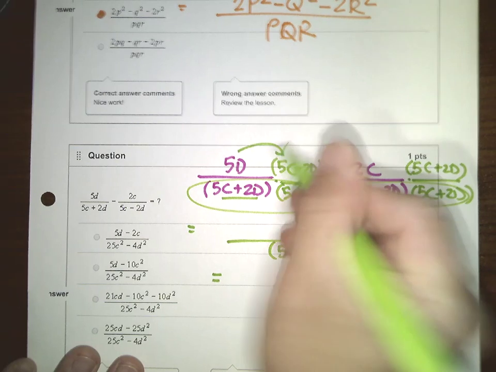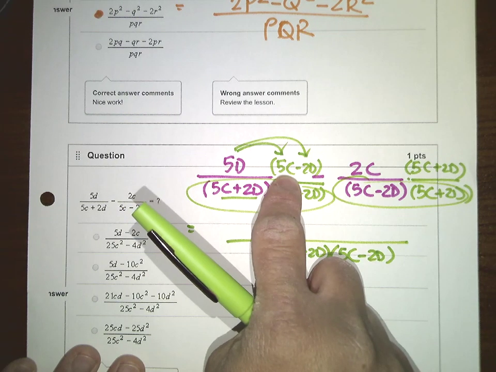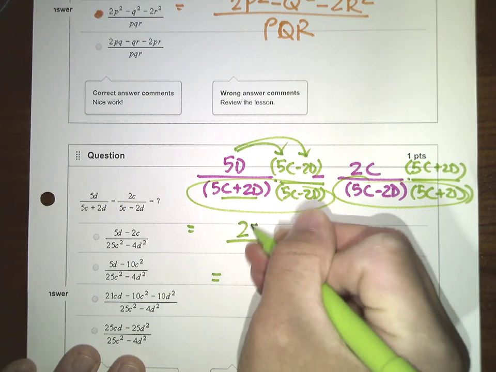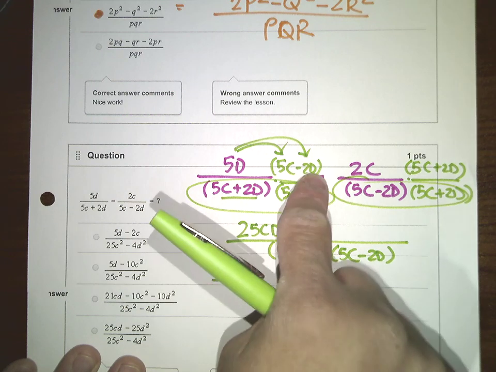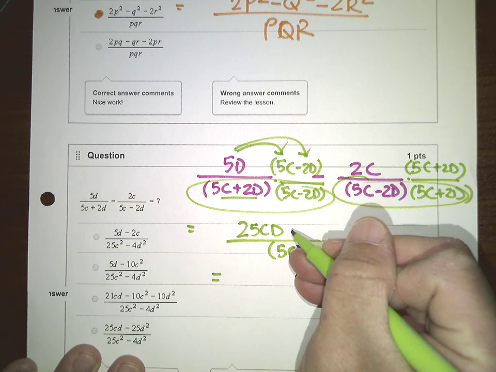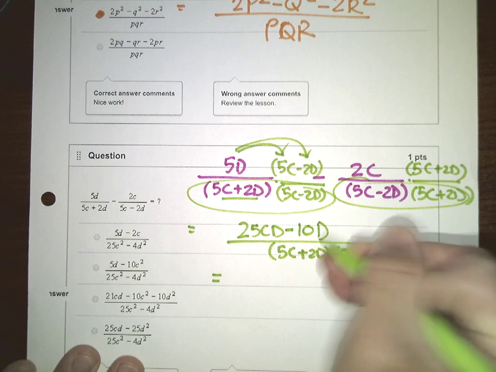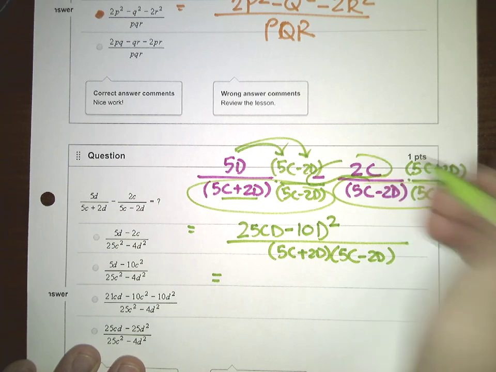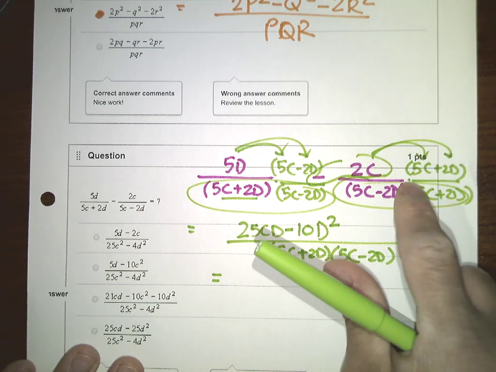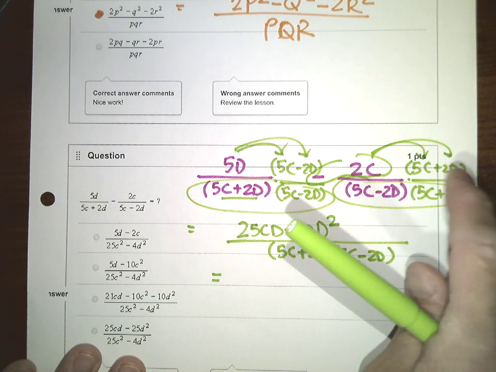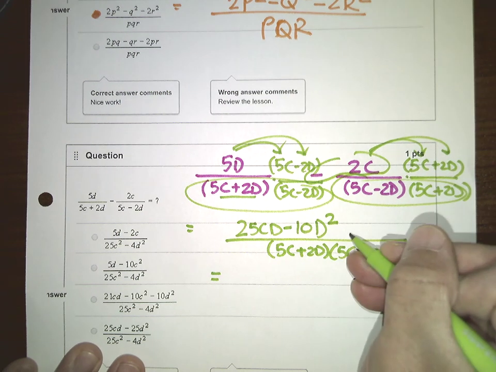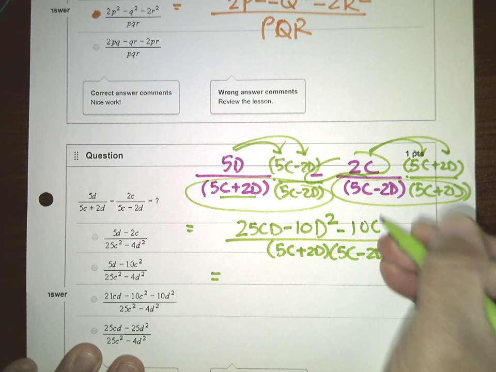And then let's distribute in the numerator. So 5d times 5c is 25cd or dc. And then 5d times 2d will be 10d squared, so minus 10d squared. Then remember we have minus 2c times 5c and minus 2c times 2d. So minus 2c times 5c is going to be negative 10c squared.